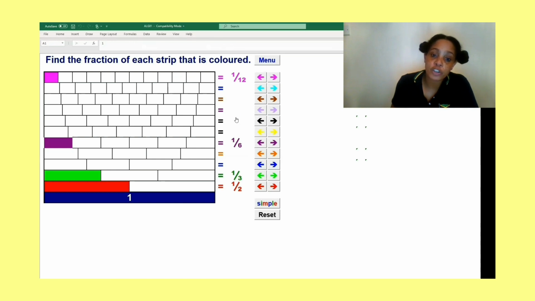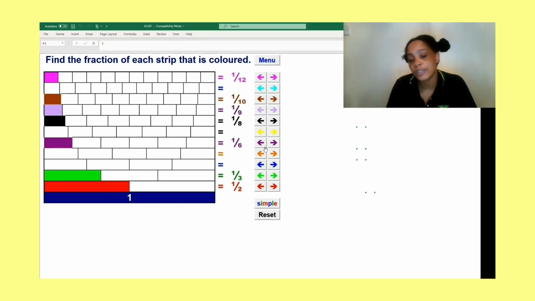So 1 out of 8 is a unit fraction, 1 out of 9 is a unit fraction, 1 out of 10 is a unit fraction. And if we want to find out from unit fractions which is bigger, we look at the denominator. The smaller the denominator, the bigger the fraction.